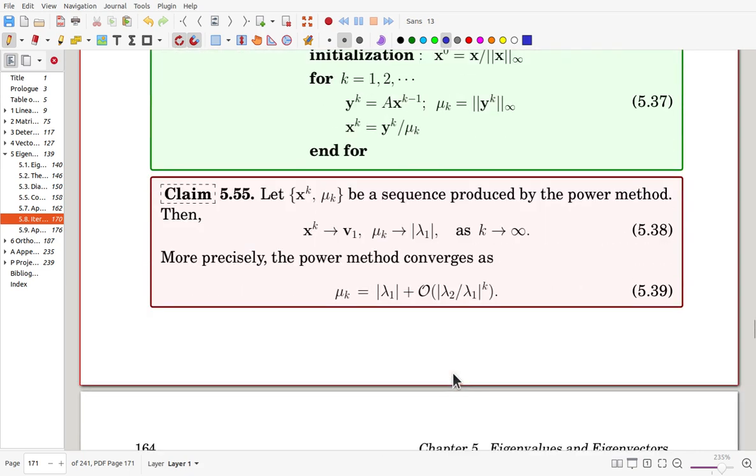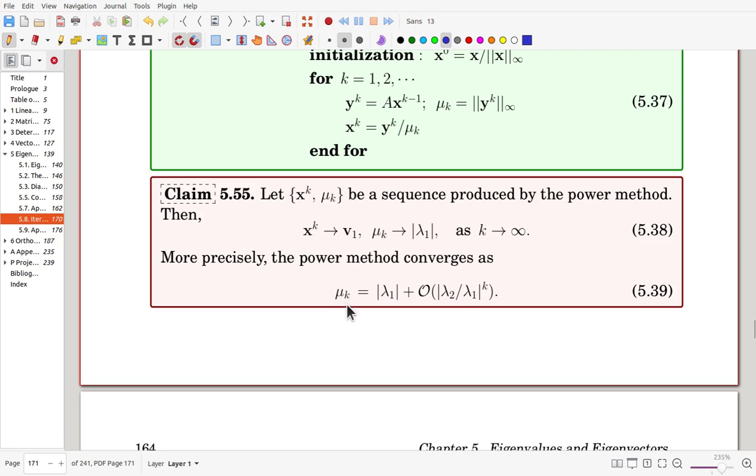Here we have a claim. If xk and mu k are the sequences produced by the power method here, then xk converges to v1, and mu k converges to the absolute value of lambda 1. More precisely, the power method converges as here.